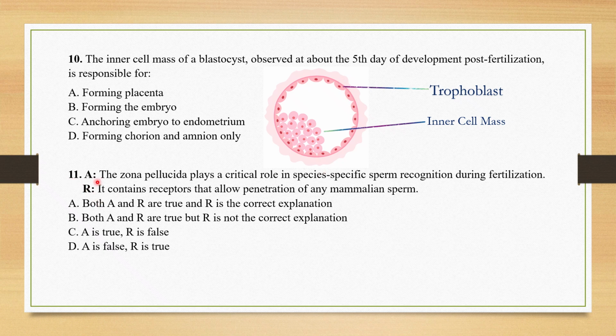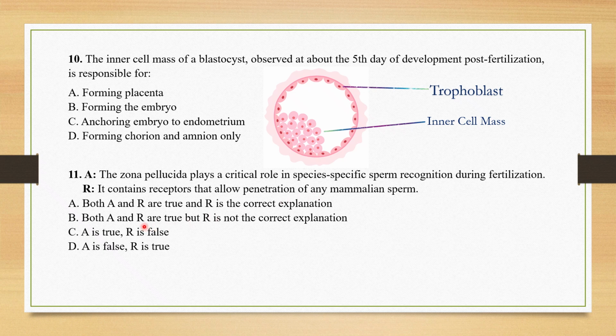Now we will move to some assertion-reason type questions. Assertion: The zona pellucida plays a critical role in species-specific sperm recognition during fertilization. Reason: It contains receptors that allow penetration of any mammalian sperm.